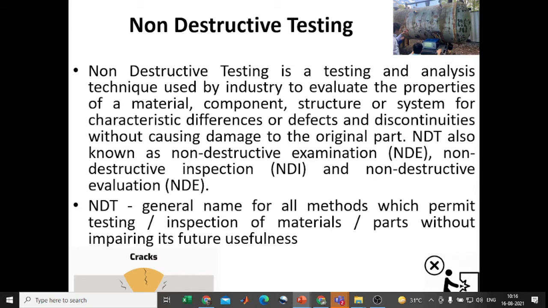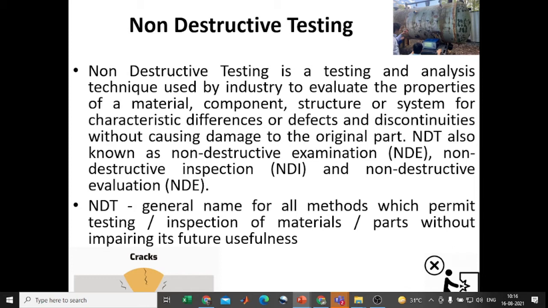Non-destructive testing is also known as non-destructive examination, which can be abbreviated as NDE, and also non-destructive inspection. The question may come as NDI. NDI means non-destructive inspection, and NDE is also called non-destructive evaluation.